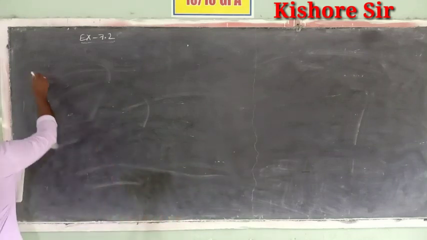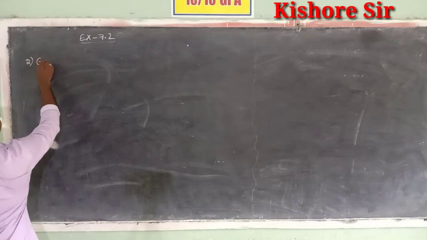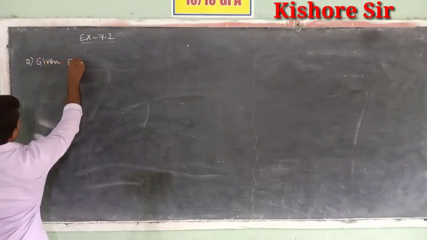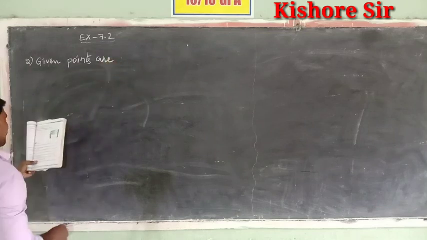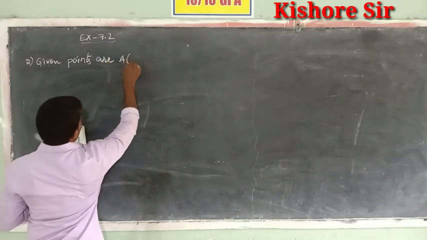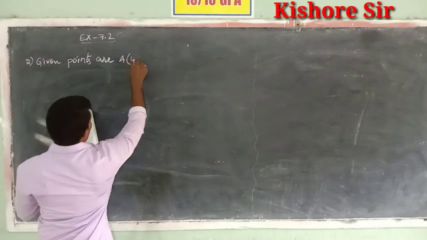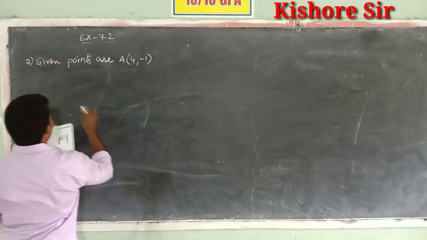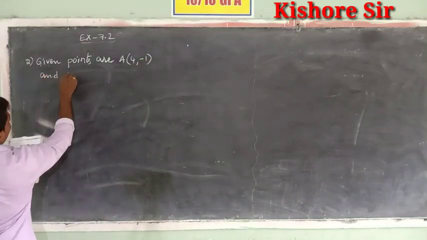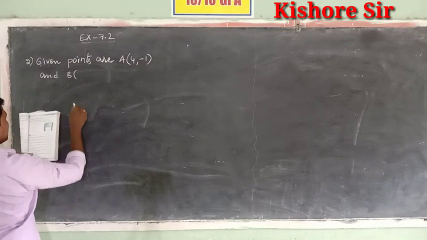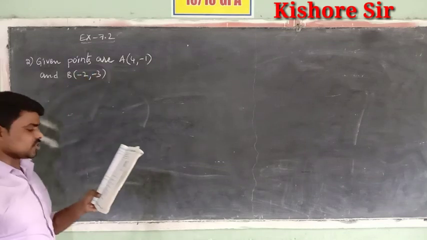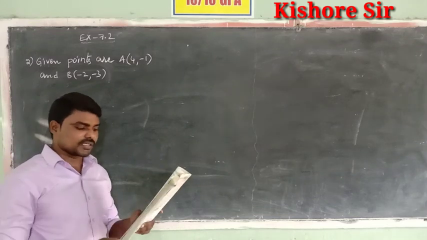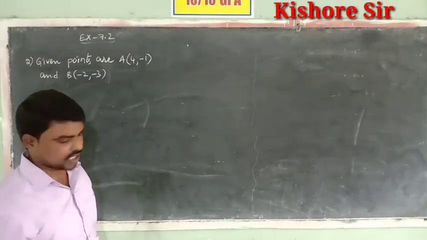So the given points are: first point take as A (4, -1) and second point take as B (-2, -3). What is the question? Find the coordinates of the points of trisection.